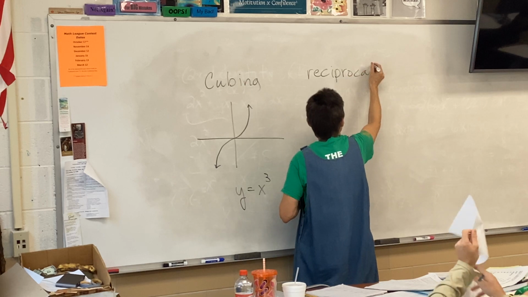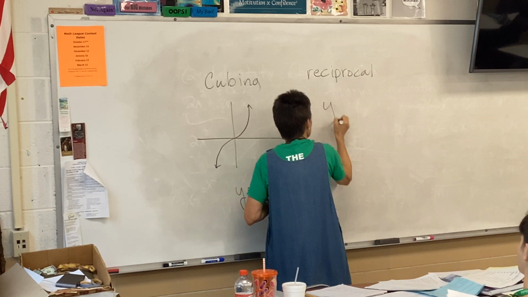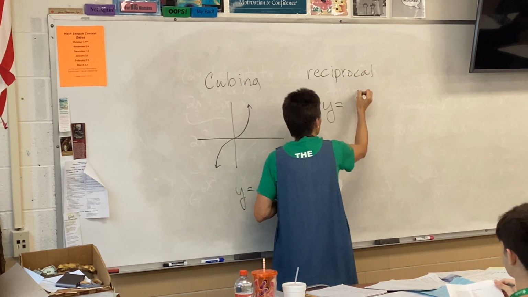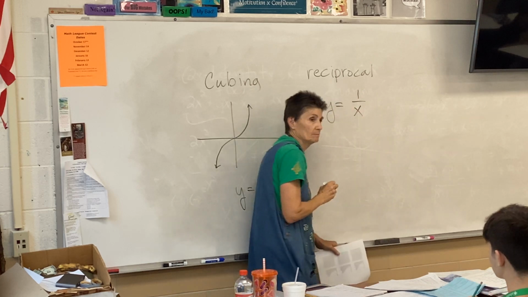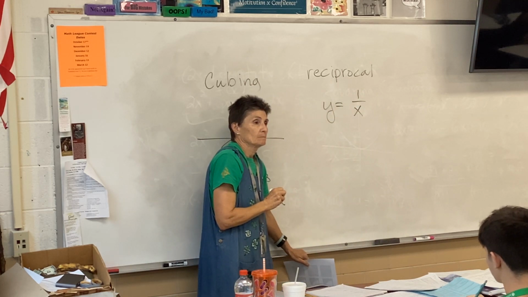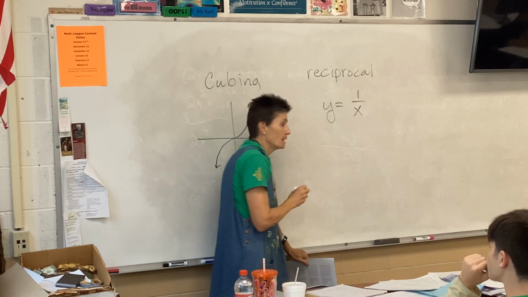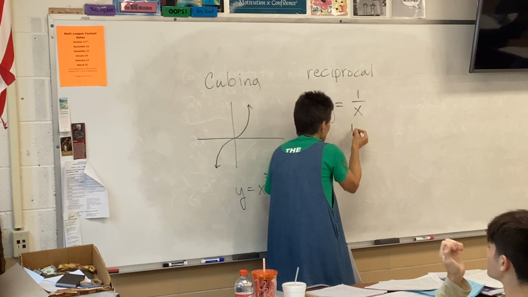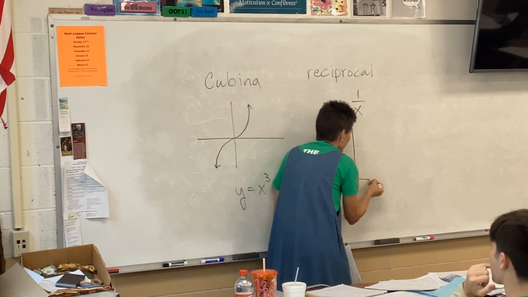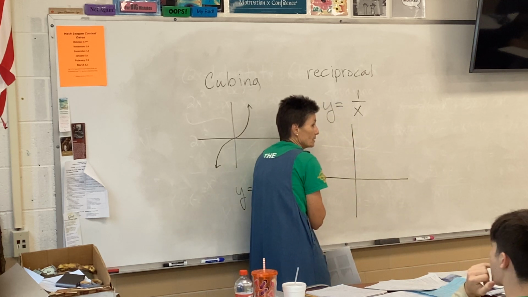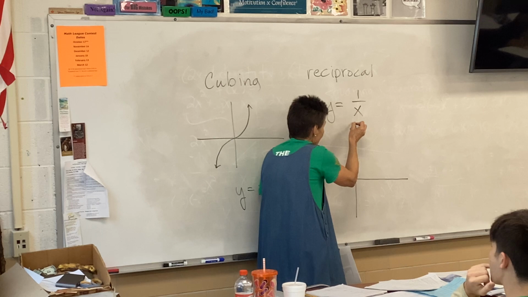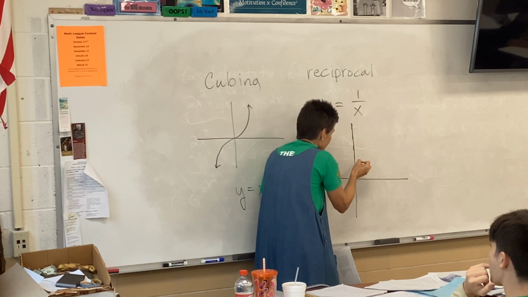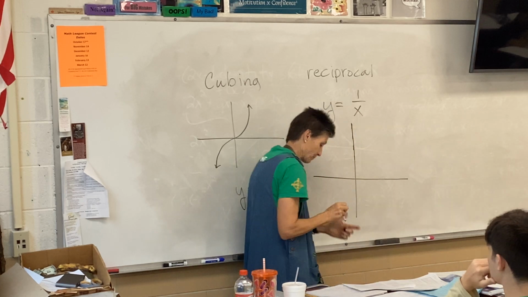The reciprocal function has the equation y equals 1 over x. Reciprocal, 1 over x, that makes sense. And its picture now is a little bit strange. Its picture has an asymptote here, maybe I should do it in a different color.